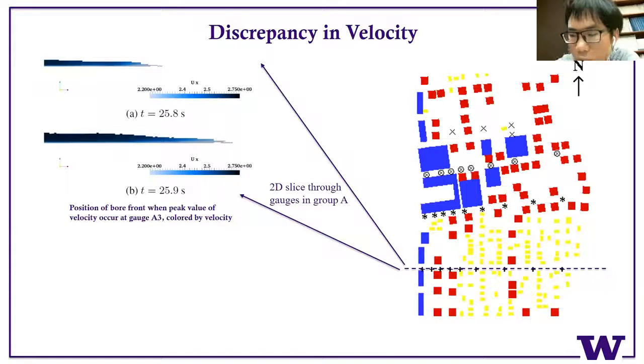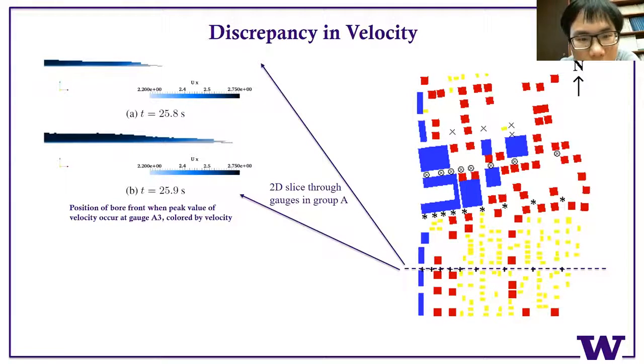If we use the same approach as they use in the experiment, here you can see we cut a slice along gauges A1 to A9. The figure on the left shows the profile of the wave if we cut a slice through A1 until A9, as a snapshot of the simulation at two different time steps.